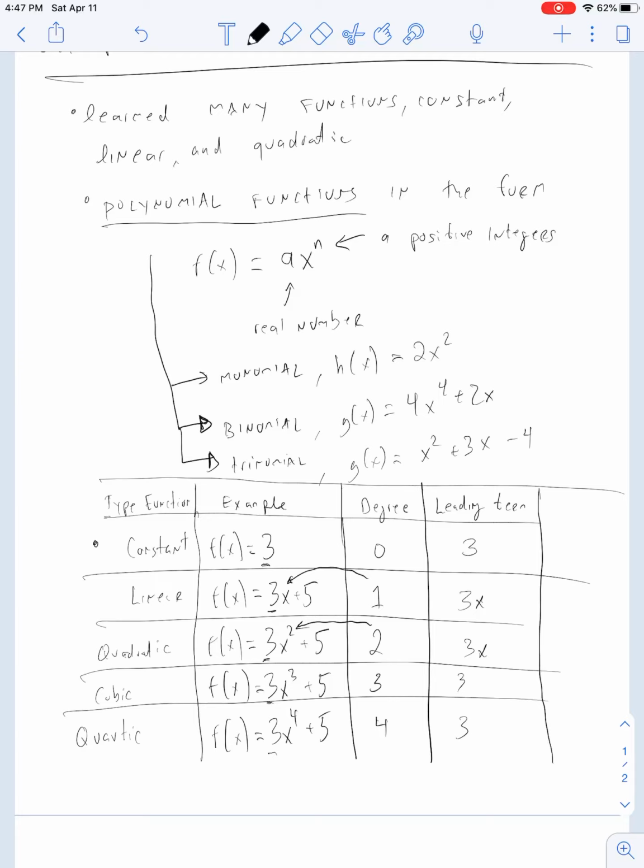The leading term is that entire term: 3x, 3x squared, 3x to the third, and 3x to the fourth. And then the leading coefficient is now just the number in front of the variable. So these are all threes.